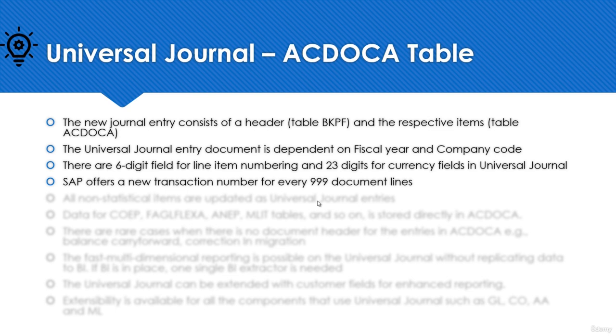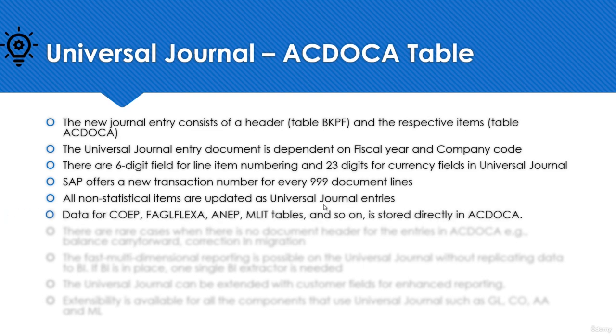All non-statistical items are updated as Universal Journal entries. Data for tables, which is COEP, FAGLFLEXA, ANEP, MLIT tables, and so on, is stored directly in ACDOCA. Let me tell you here that ACDOCA table is the replacement of FAGLFLEXA table.